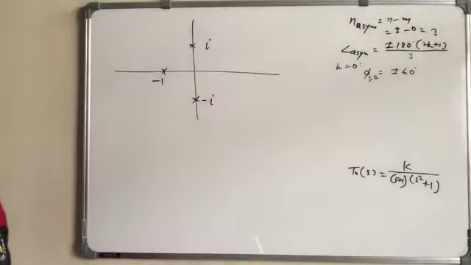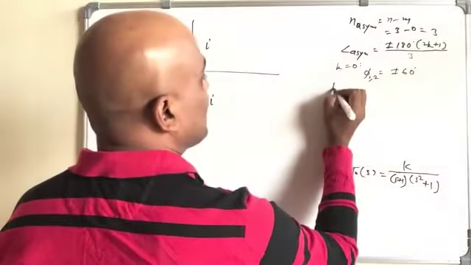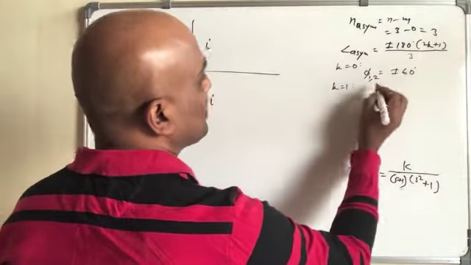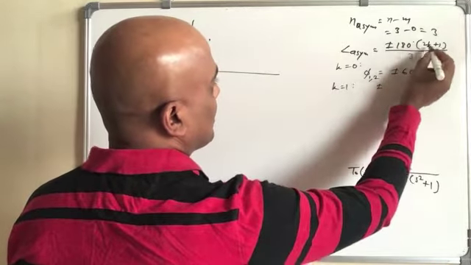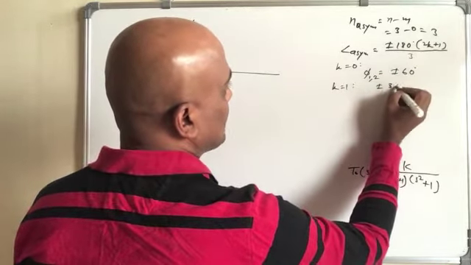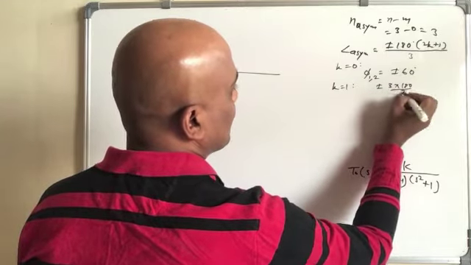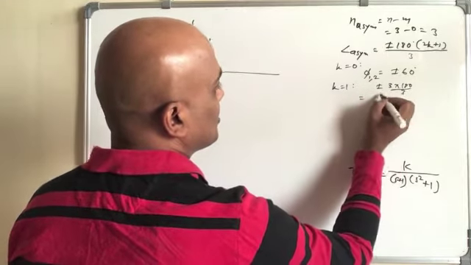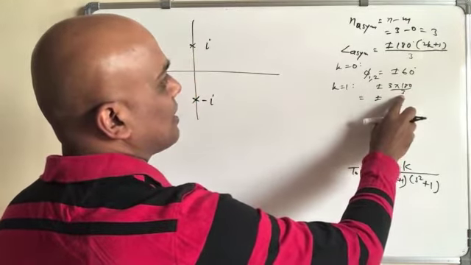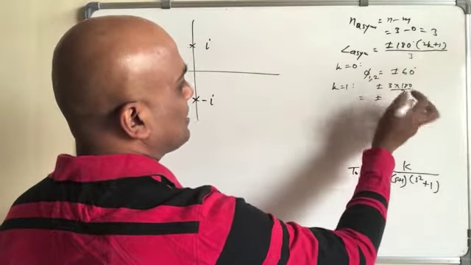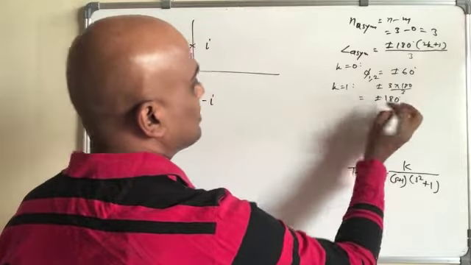When you put k equal to 1, you get plus minus 3 times 180 divided by 3, which is plus minus 180 degree.